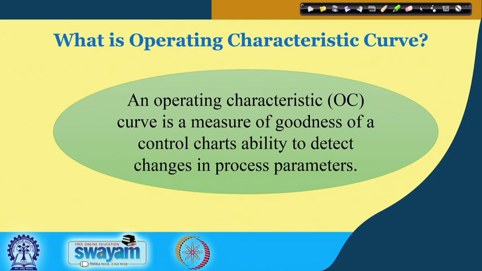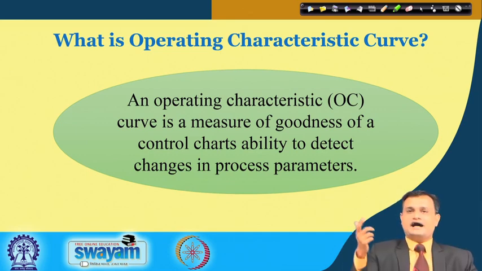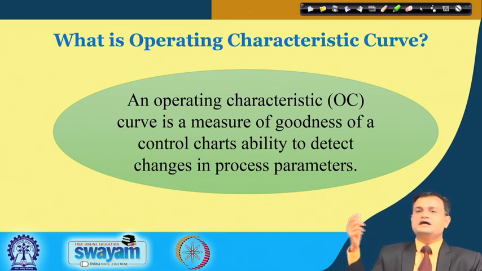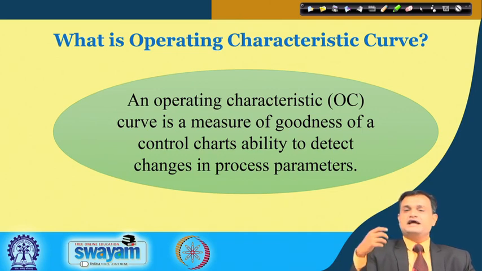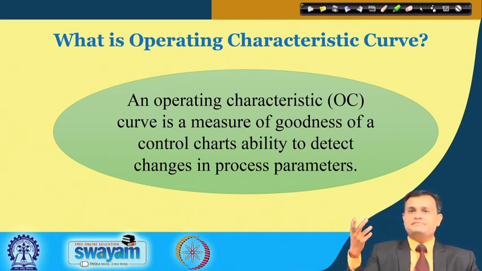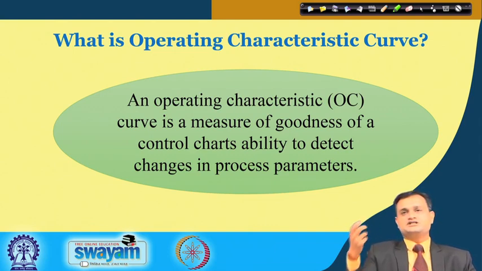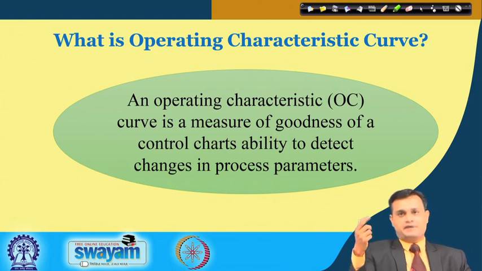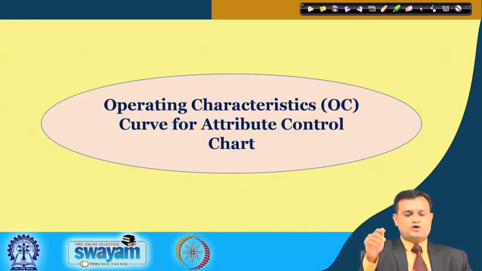My chart should be able to detect when there is a change in the process, either mean or maybe the variance, and if this change can be detected well, then my control chart really has some goodness in terms of its discriminatory power. So this is what we have seen.